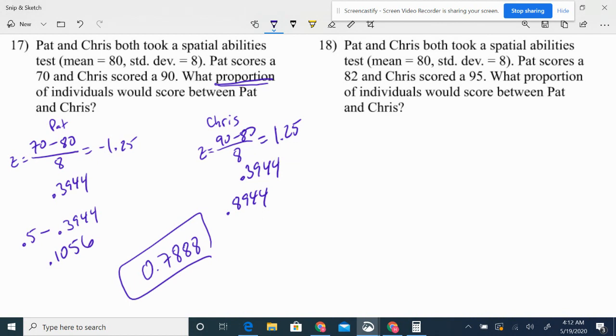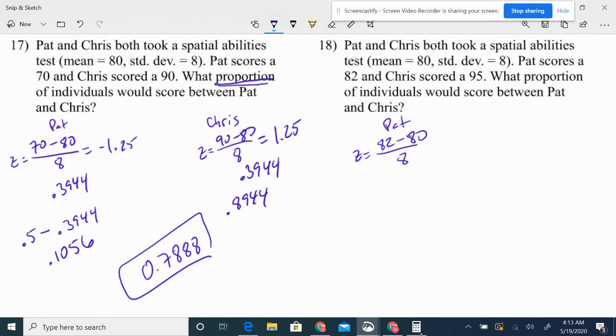Number 18. Pat and Chris both took a spatial abilities test. The mean is 80. The standard deviation is 8. Pat scores 82, so I'm going to have to figure out Pat. The z-score for Pat is going to be 82 minus 80 divided by 8.